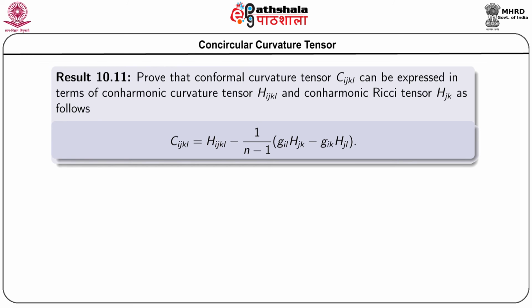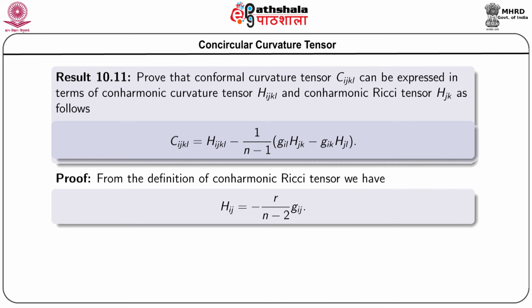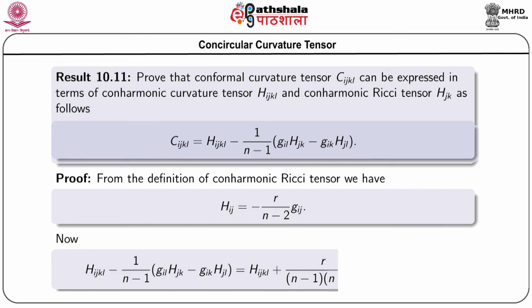From the definition of the conharmonic Ricci tensor, we have this expression H_ij equals minus R by (n minus 2) g_ij. In the previous slide we got this expression. Now, putting the values of this one, we get this expression.